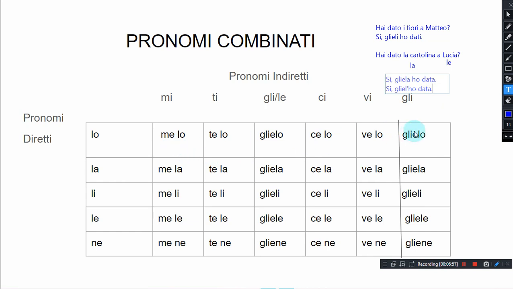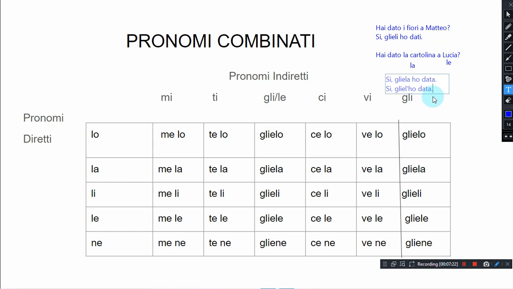So let's have a look at our chart. When we have a further look at it, we can see that here the pronouns mi, ti, ci, vi get written separately with the pronomi diretti, direct object pronouns, which is not the case for these pronouns.